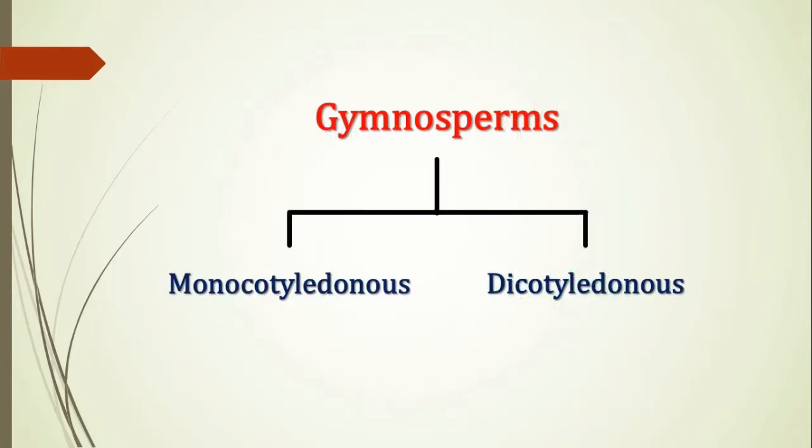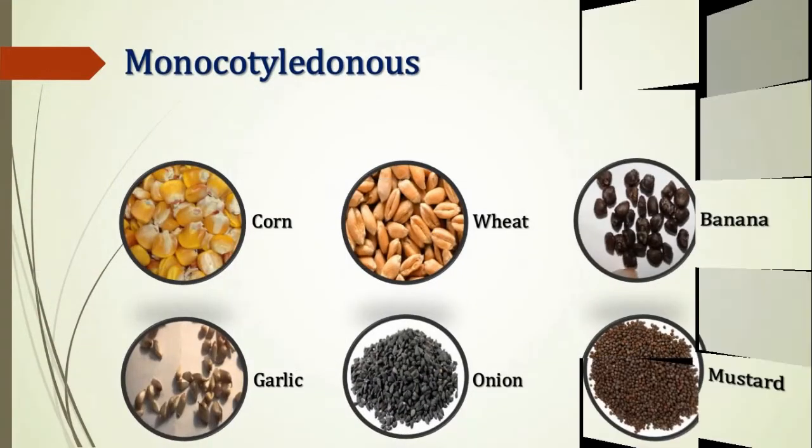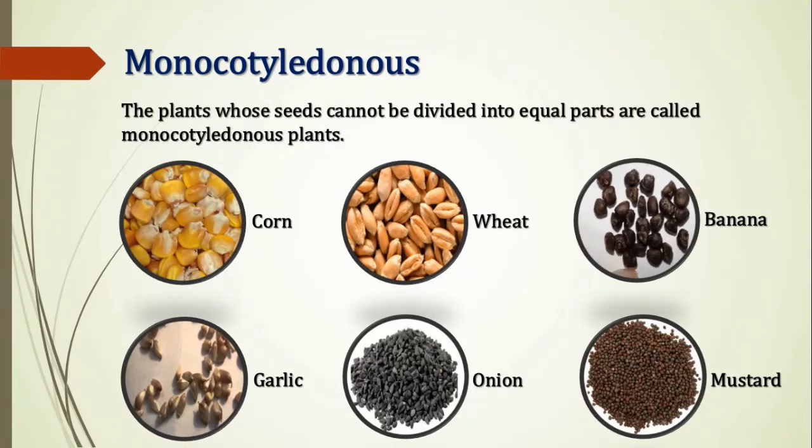Angiosperms are classified into monocotyledonous and dicotyledonous. The plants whose seeds cannot be divided into equal parts are called monocotyledonous plants. For example, corn, wheat, banana, garlic, onion, mustard seeds.